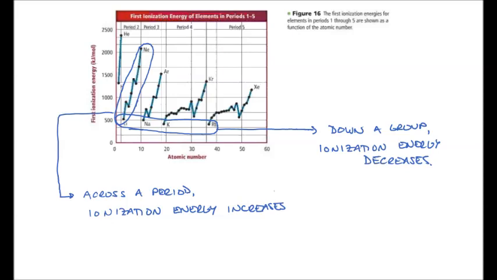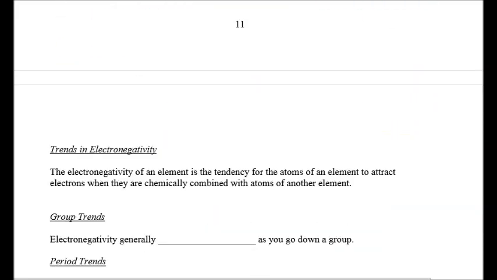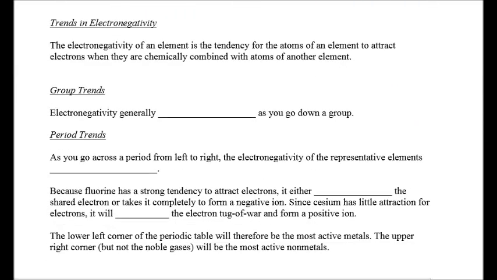Another trend, we're going to go to the next page, is electronegativity. Electronegativity is the attraction an atom has for electrons and the electrons of another atom in a bond. So where ionization energy is the energy you need to remove an electron, electronegativity is how the atom itself holds onto electrons.